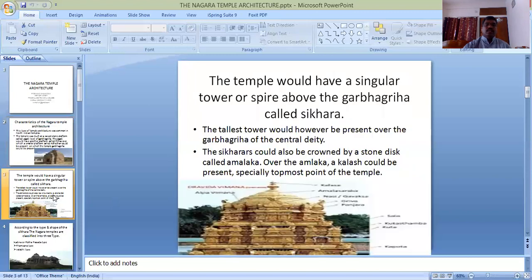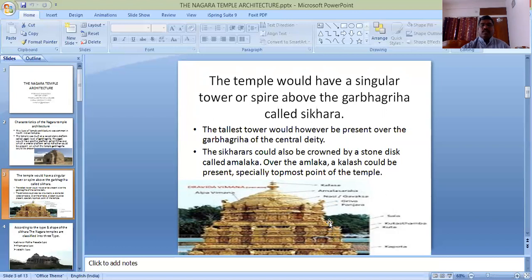And the temple would have a singular tower or spire above the garbhagriha called Shikhara. Just above the garbhagriha, a singular tier or spire is related with the shikhara. The tallest tower would, however, be present over the garbhagriha of the central deity.